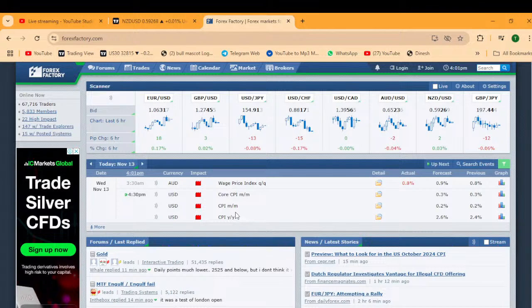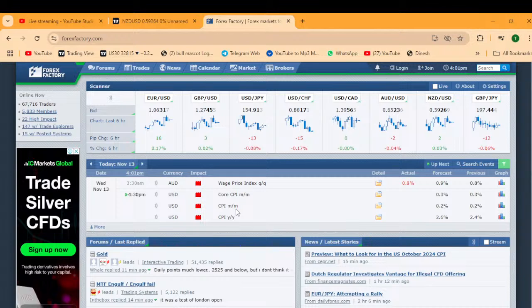When I say month per month, what does it mean? It means that we are checking the CPI for only the previous month. Year per year, we are determining the CPI of the month of November, but of November of last year.